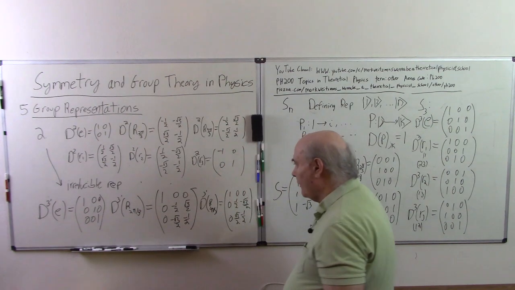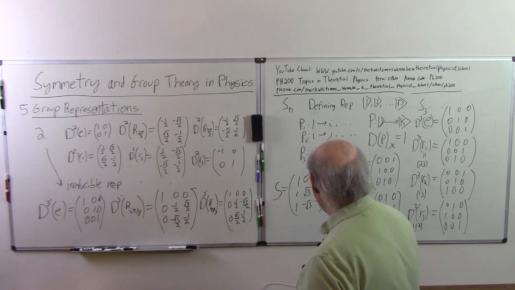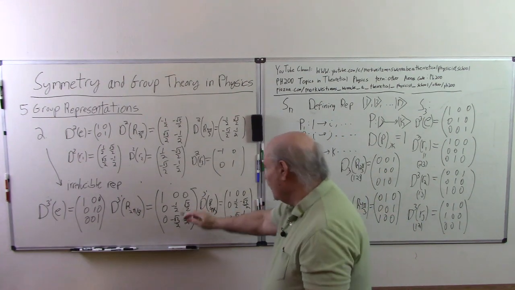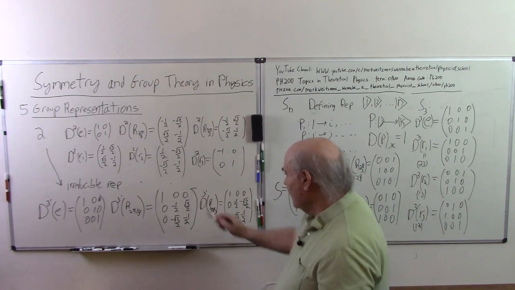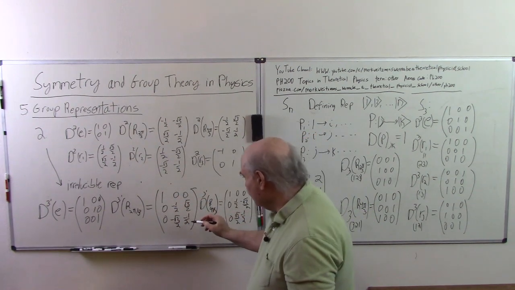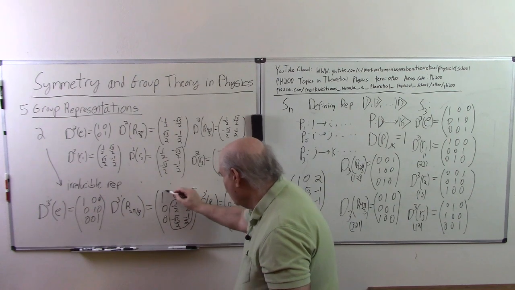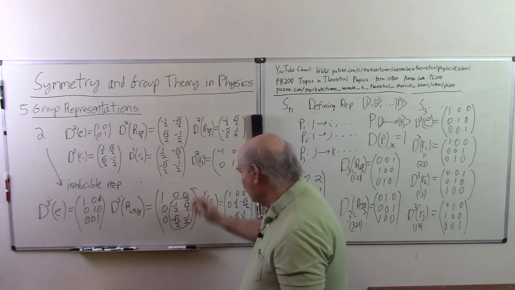Okay, I'll do the other three in a second, but if you actually were to apply this S to these rotations, you would get this. And you notice these are in block diagonal form. There's a 2 by 2 block and a 1 by 1 block, and these are zeros.